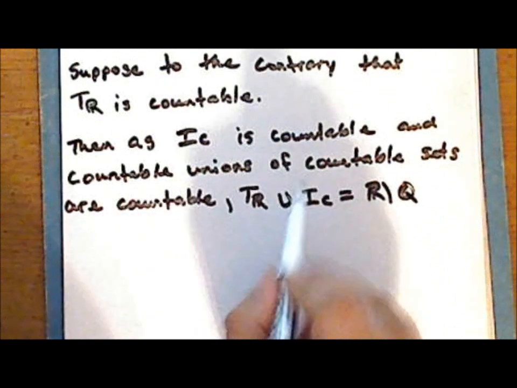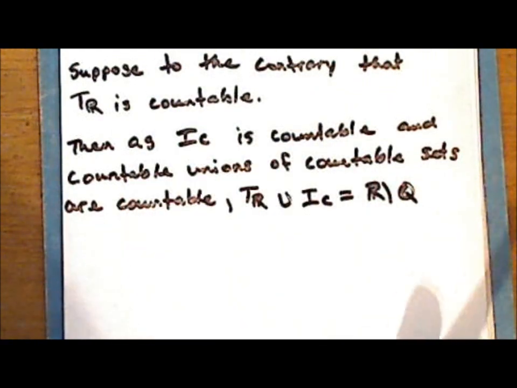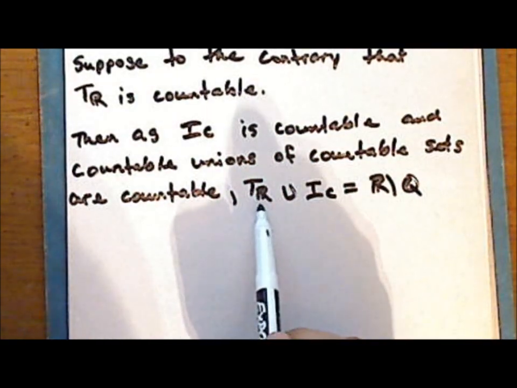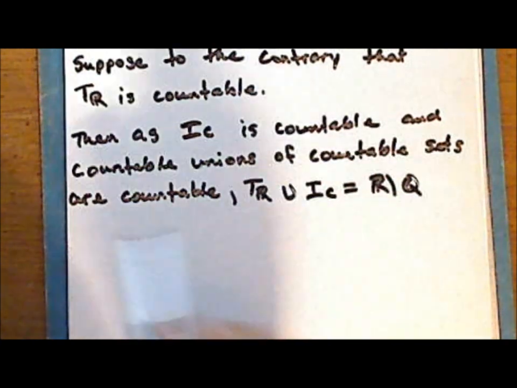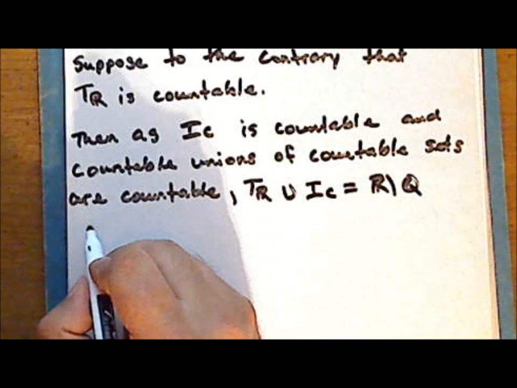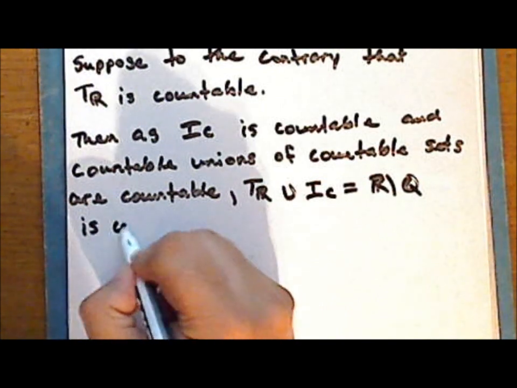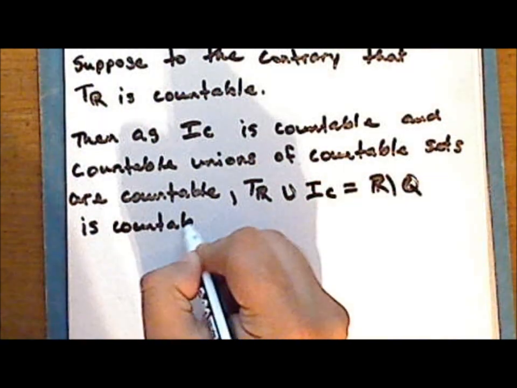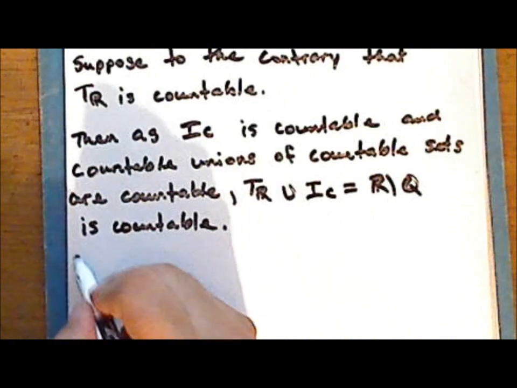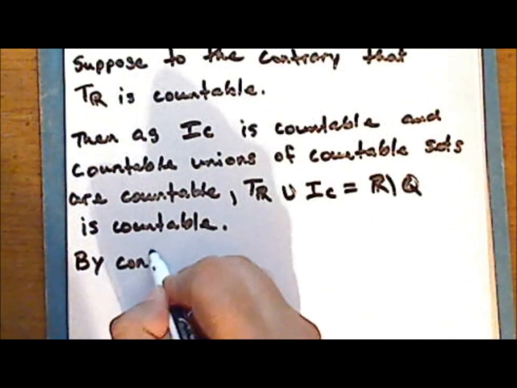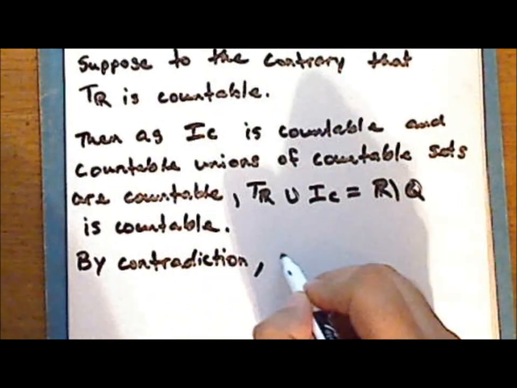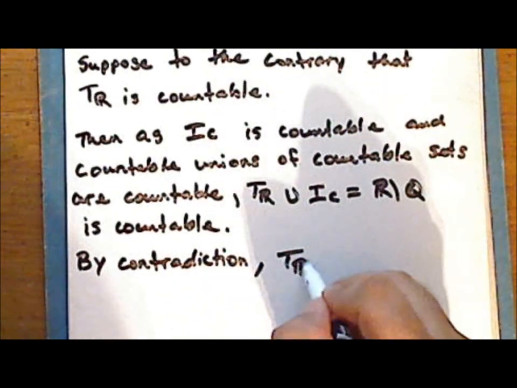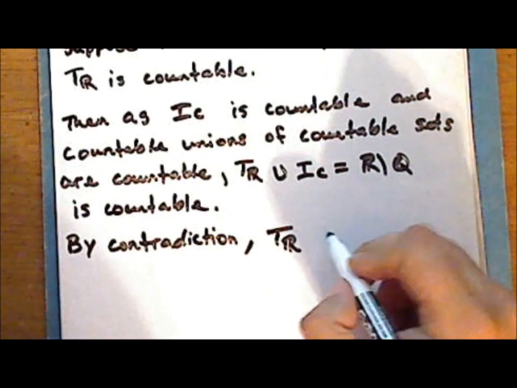And by this assumption that the set of real transcendental numbers is countable, we have that the entire set of irrational numbers is countable. And of course, this is a contradiction. So by contradiction, the set of real transcendental numbers is uncountable.